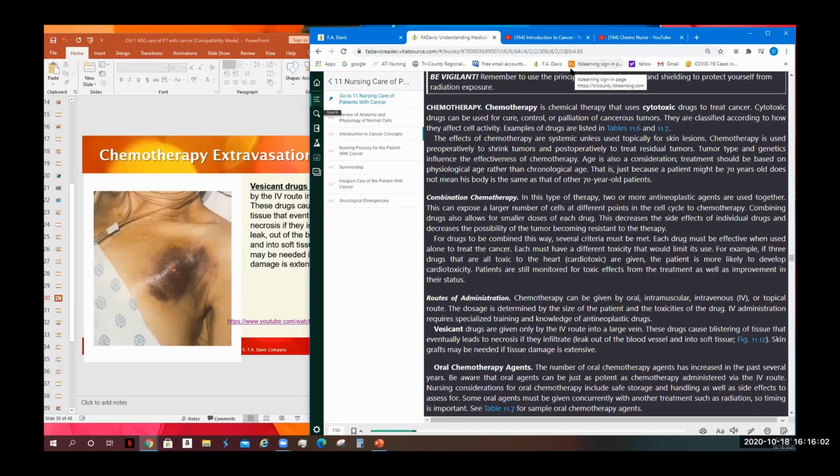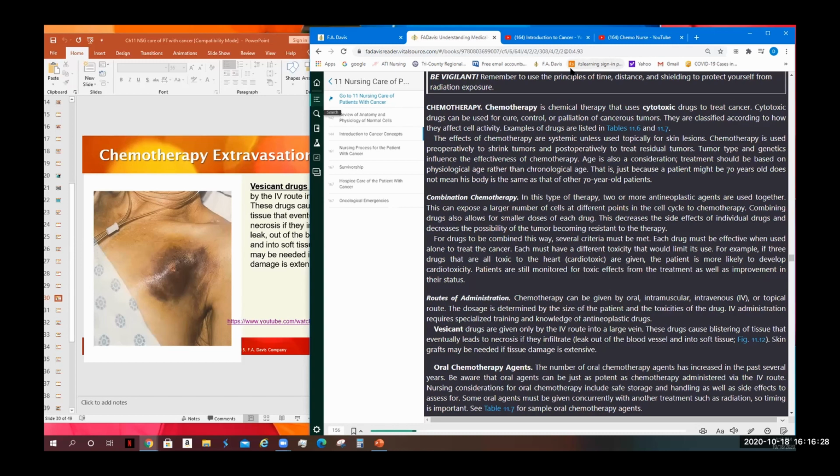Page 156, chemotherapy. Chemotherapy is a chemical therapy that uses cytotoxic drugs to treat cancer. Cytotoxic drugs can be used to cure, control, or for palliation of cancerous tumors. They are classified according to how they affect cell activity.